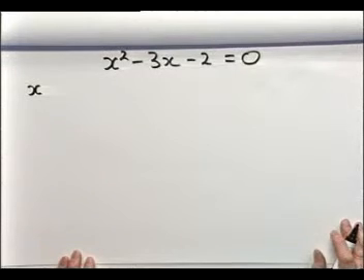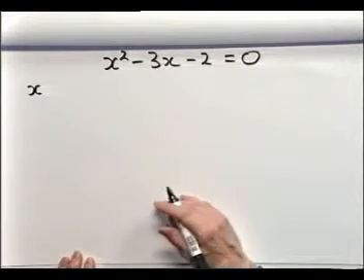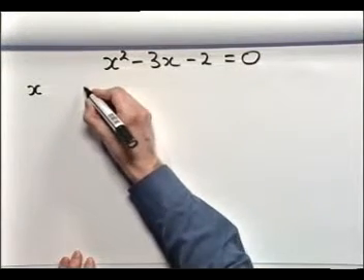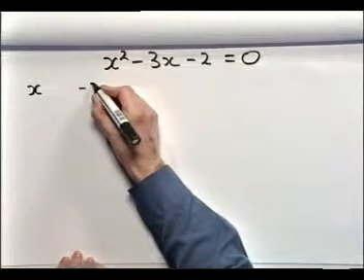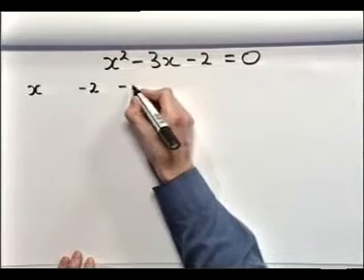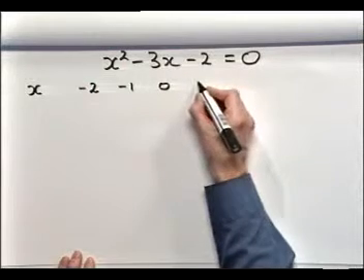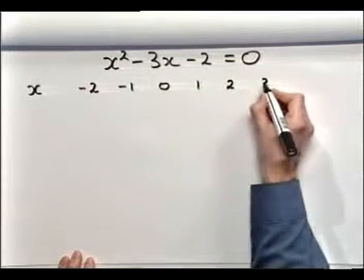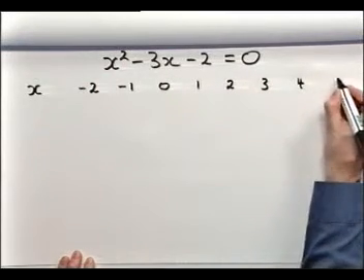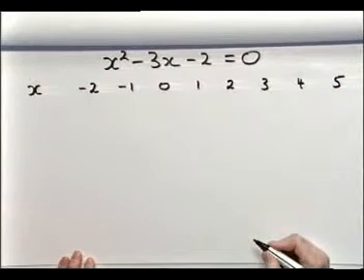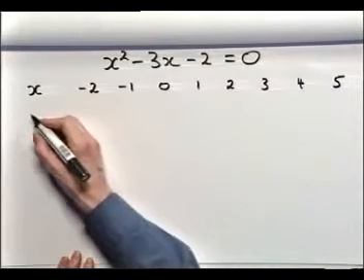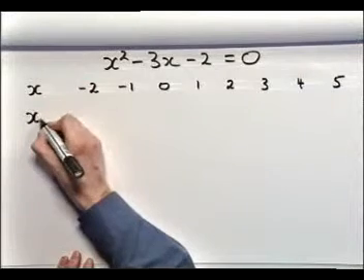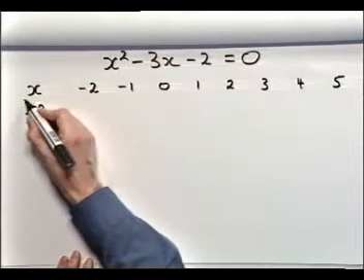So, the range of values that I'm going to take is going from minus 2 in unit steps. I'm going to go up to 5. I'm going to calculate each term in turn.